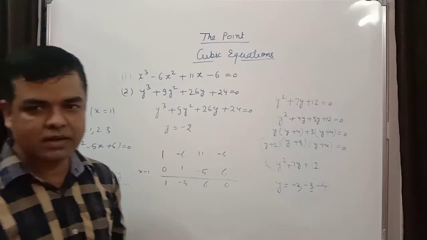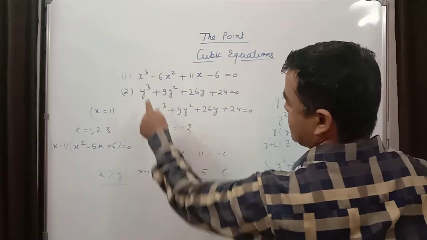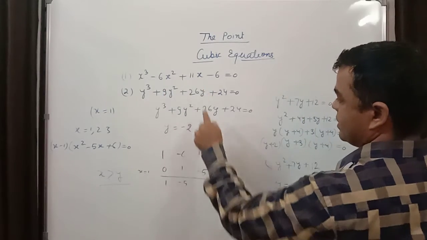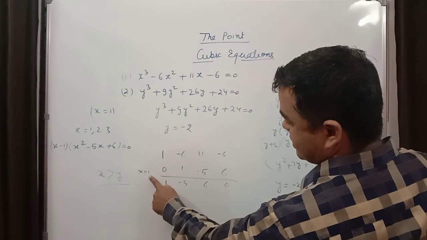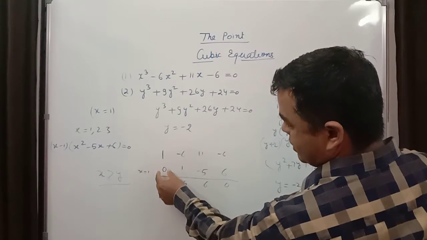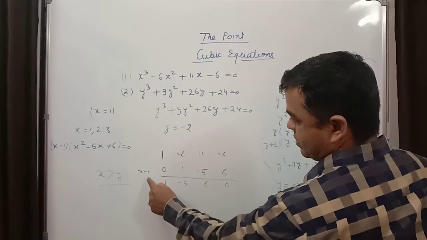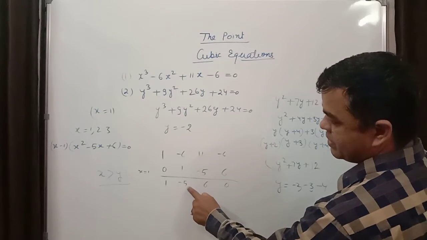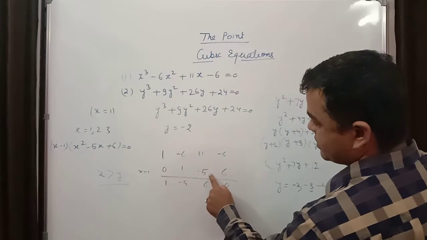Did you get the procedure? Okay, I will explain it again. You write the coefficient of x cube, 1, of x square, with the sign, minus 6, then 11, then minus 6. Now x is equal to 1 satisfies this equation, so here always 0 will come. Now multiply with this 1, so here 1, then add. Add means minus 5 will remain, then again multiply: minus 5 into 1 is minus 5.